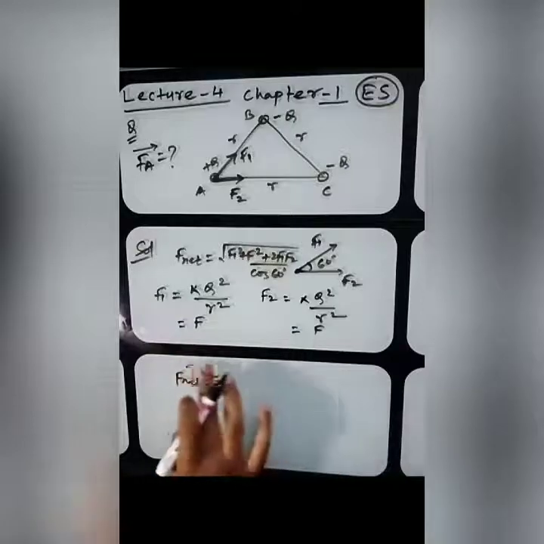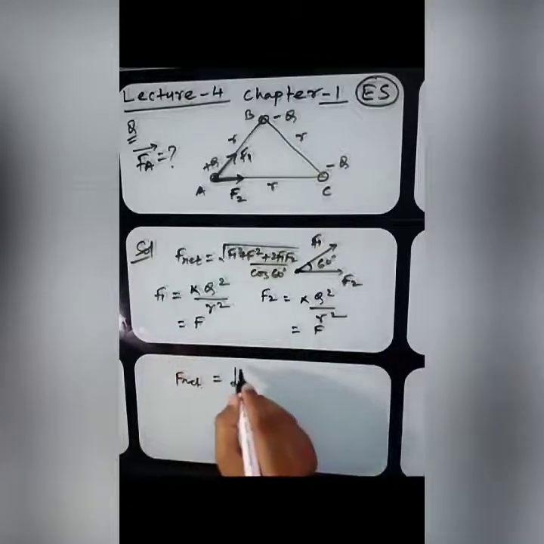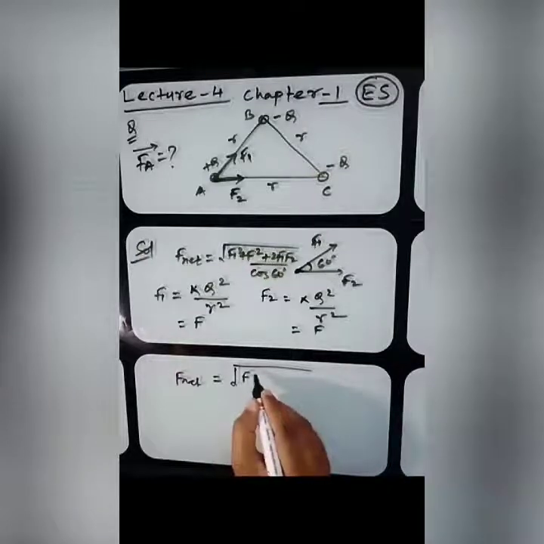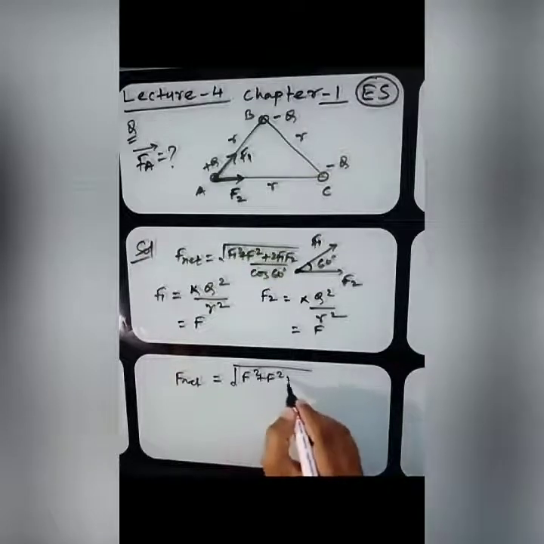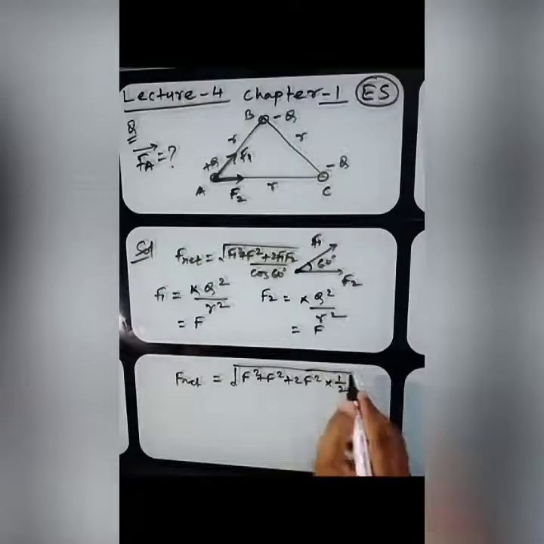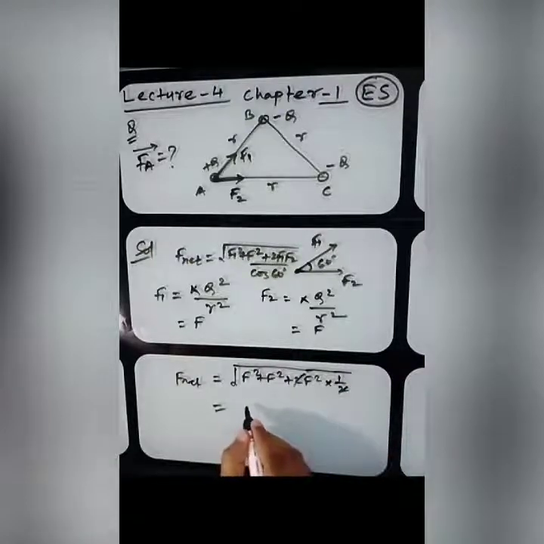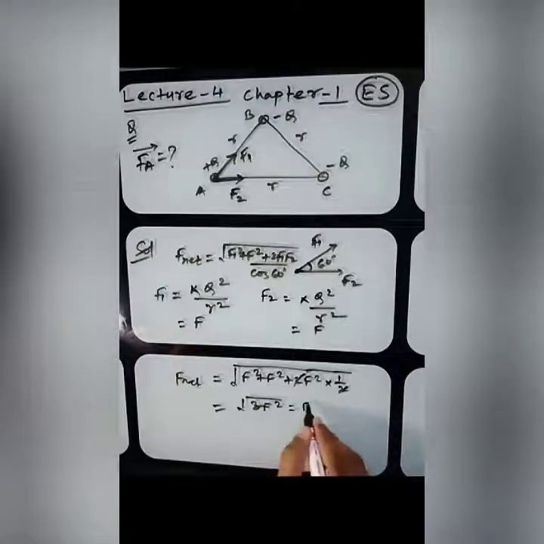will be, writing in magnitude, we can write the direction also, the magnitude as F square plus F square plus 2F square cos 60 degree. It is how much? Half. So 3F square, that is F root 3.